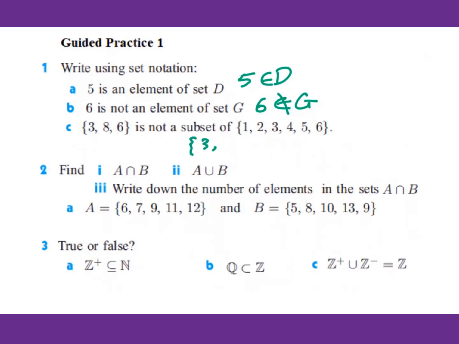So we write down {3, 8, 6}, and you have to use this symbol, then {1, 2, 3, 4, 5, 6}.